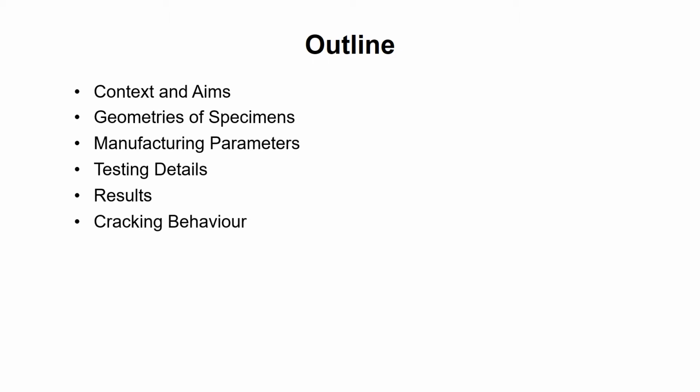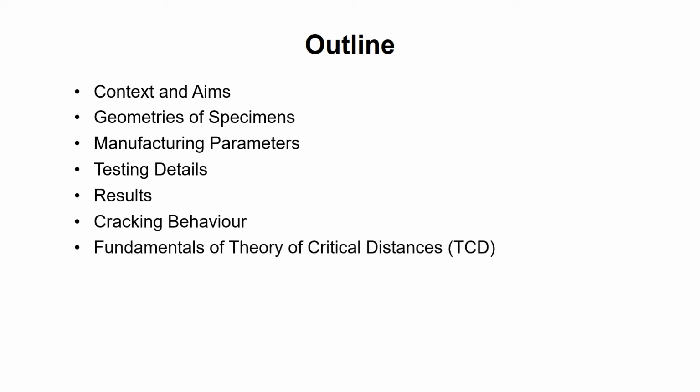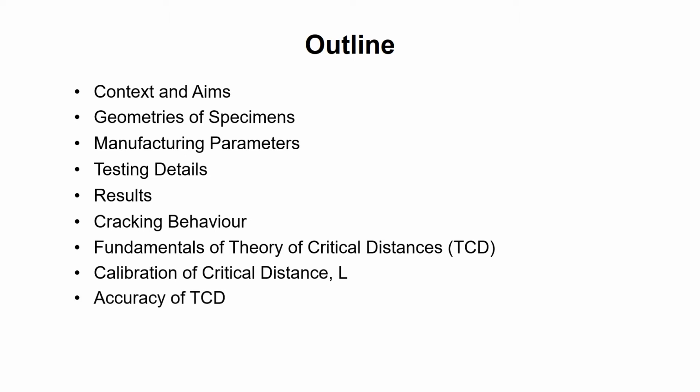Next, I will briefly discuss the fundamentals of the theory of critical distances (TCD). Also, I will discuss the calibration of critical distance and assessing the accuracy of TCD. Finally, I will summarize my presentation in the conclusion section.